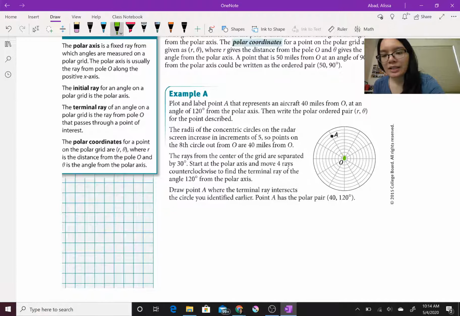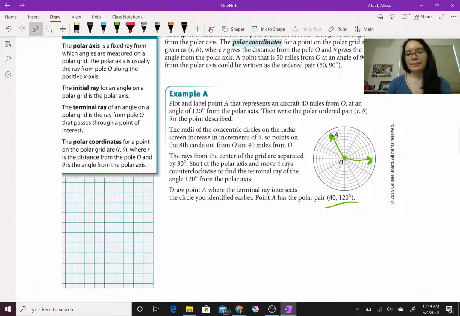You're going out 8 tick marks, so that's 40 miles. And then you're rotating that out to 120 degrees. So that's the point where you could find A. So the point is going to be (40, 120 degrees).